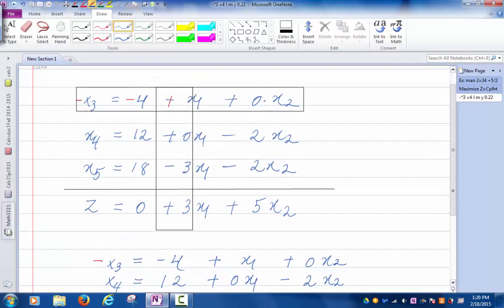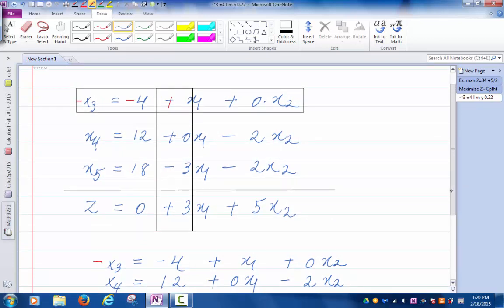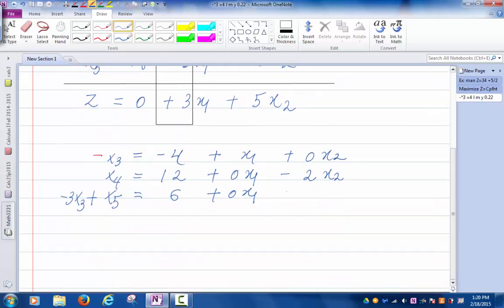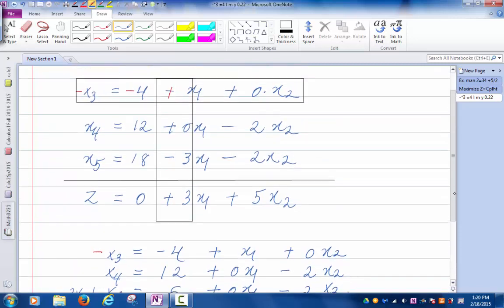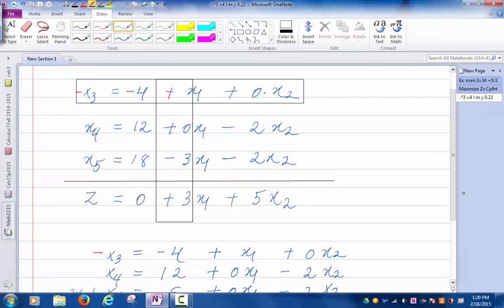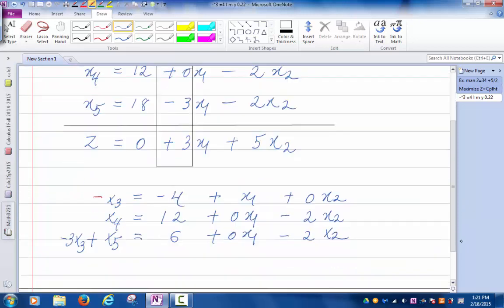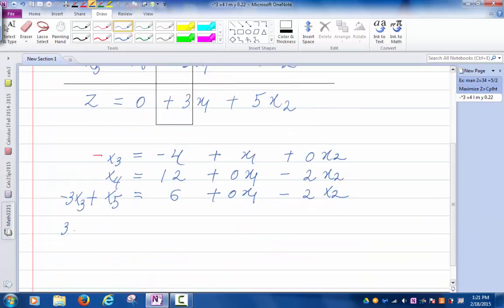And then I'm going to multiply 0x2 by 3, add it to negative 2x2. Will that have any effect? No. And how about z? What should I do? I should multiply the first row by negative 3, add it to the 0. If I do that, I get positive 3x3 plus z equal to what?